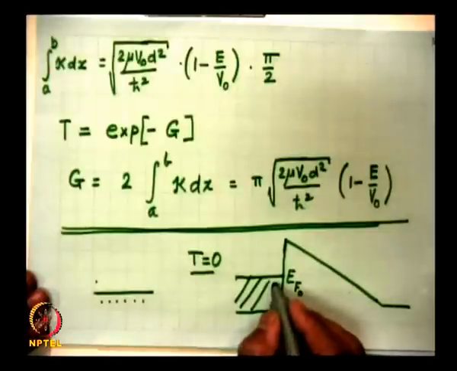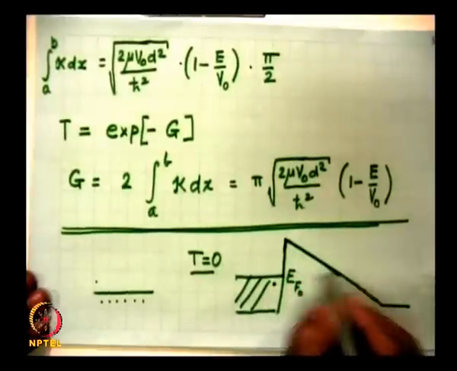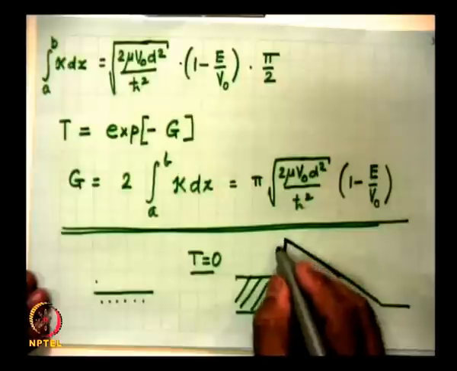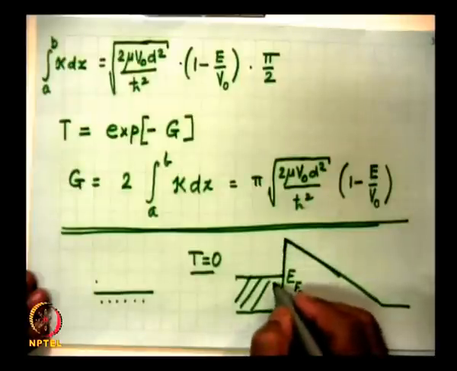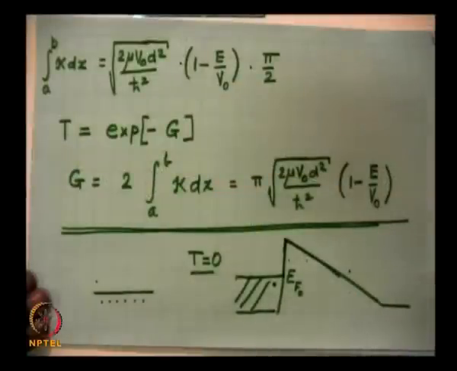So, the electron here, near the Fermi level, sees a very high potential, and classically it cannot go to the other side, because in this region the kinetic energy will become negative.